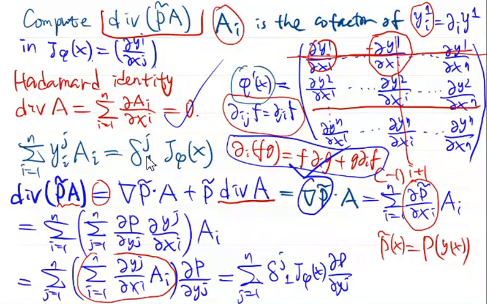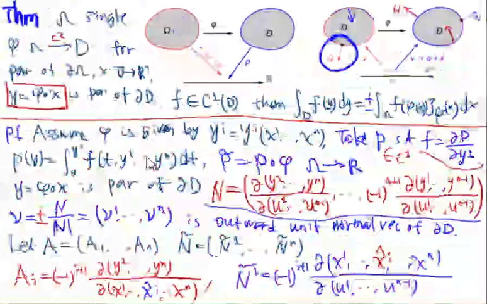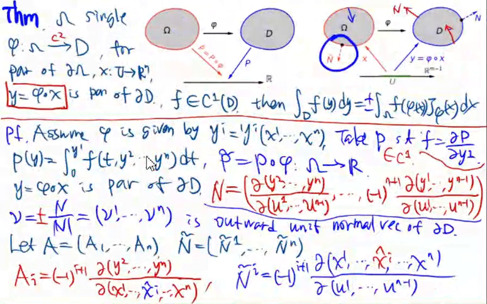Then this is the partial derivative of P with respect to y1, multiplying the Jacobian determinant. But the partial derivative of P with respect to y1 is just our f. Recall that our f is taken from the P here. The partial derivative of P with respect to y1 is precisely our function f.